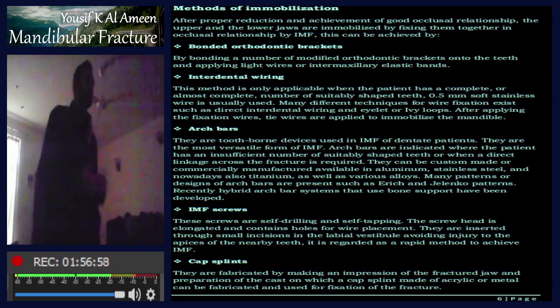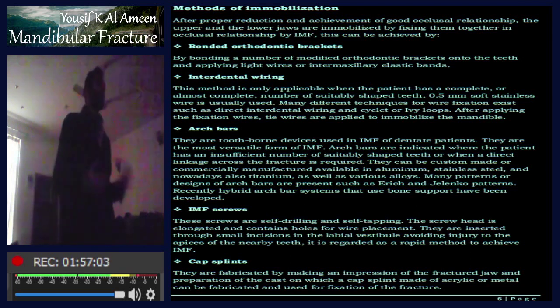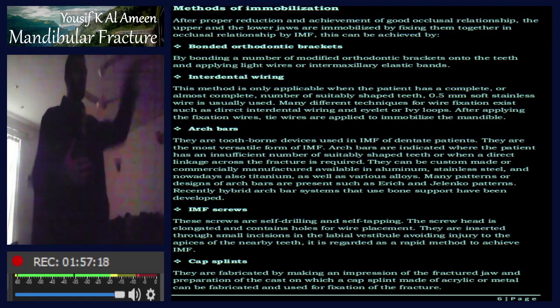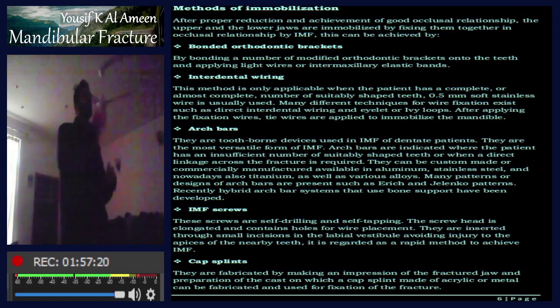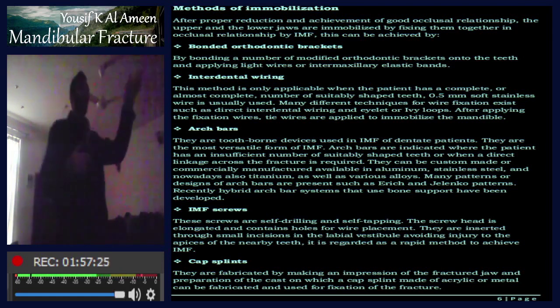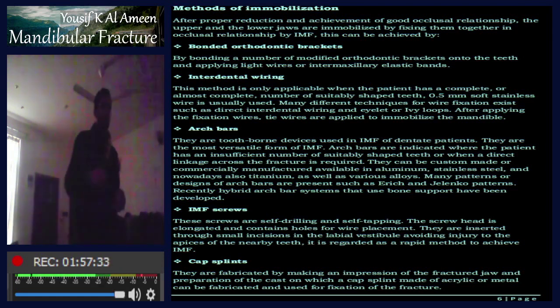After proper reduction and achievement of good occlusal relationship, the upper and lower jaws are immobilized by fixing them together in occlusal relationship by intermaxillary fixation. This can be achieved by bonded orthodontic brackets. This is the first one.